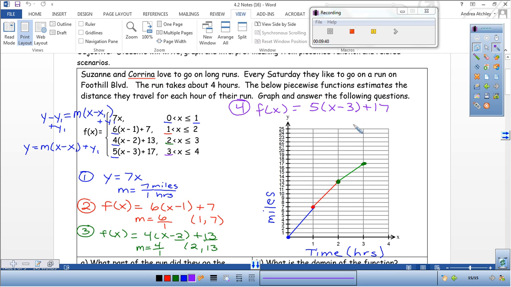And at 3 hours, I'm at 17 miles. And now I have my rate of 5 miles in 1 hour. So we're going to go up 1, 2, 3, 4, 5, and over 1.